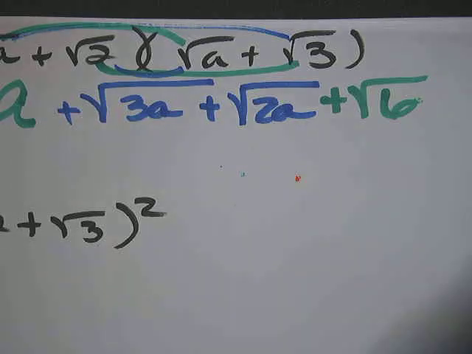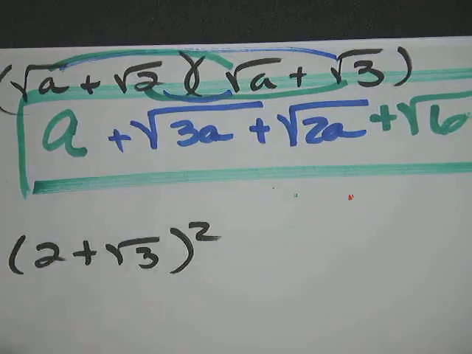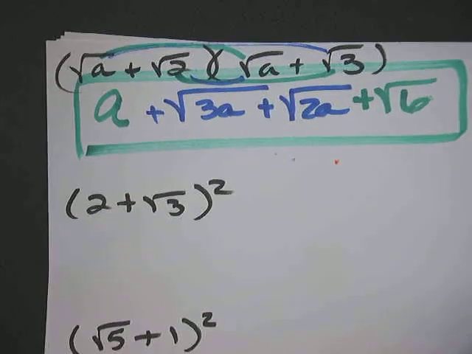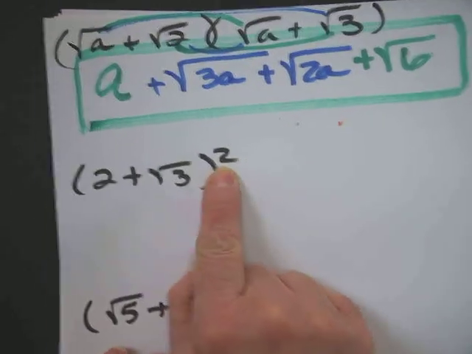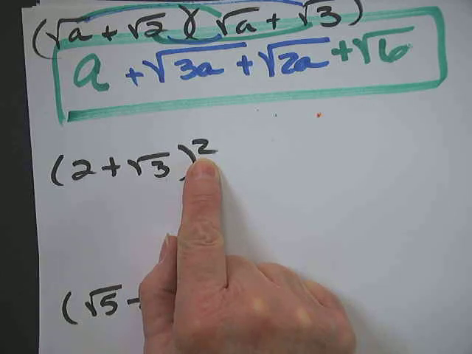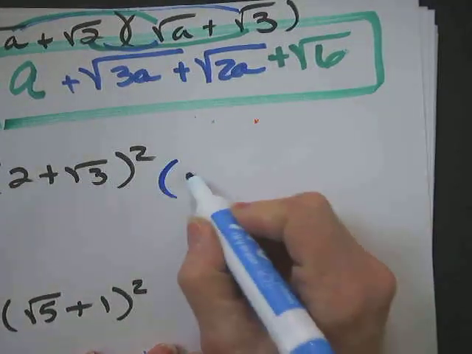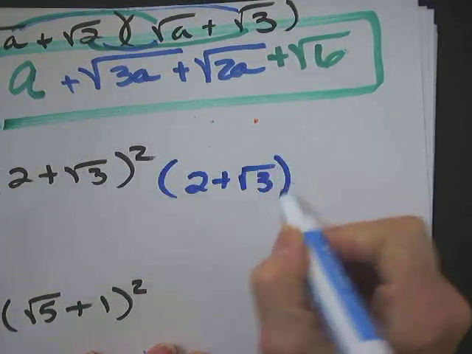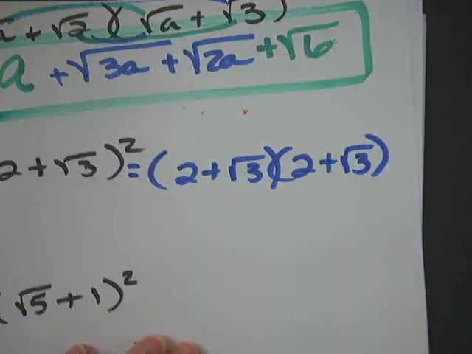This is not going to be 5A. These are not like terms. I don't remember what number that is. There it is. Let me show you. See, it's going to be all spread out. It cannot be combined. All four terms stay there. These two cannot be combined.